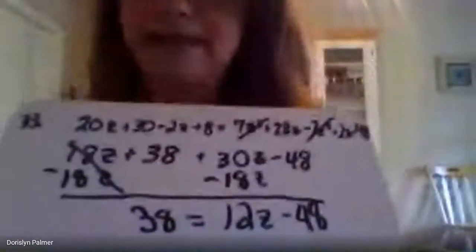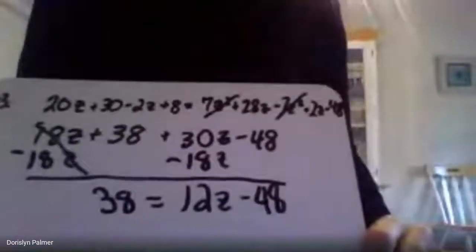I'm subtracting the 18z so my z's stay positive because I just like them that way. So we're left with 38 on the left equals 12z minus 48. Mrs. Palmer, there's an equal sign in between the 38 and the 12z.